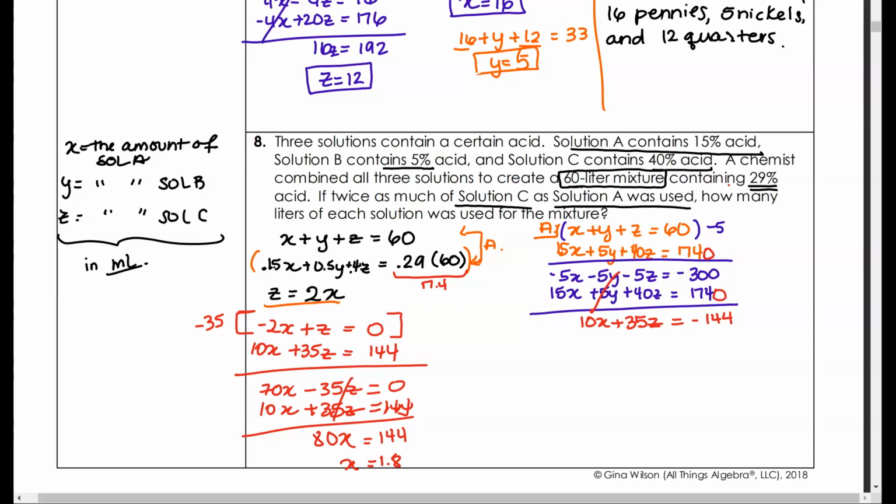And so this would have been a positive 1,440 here. That would have meant that this would have been 18. Sorry about that. All right, so X equals 18.